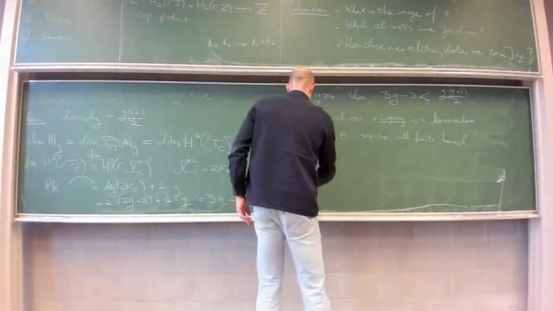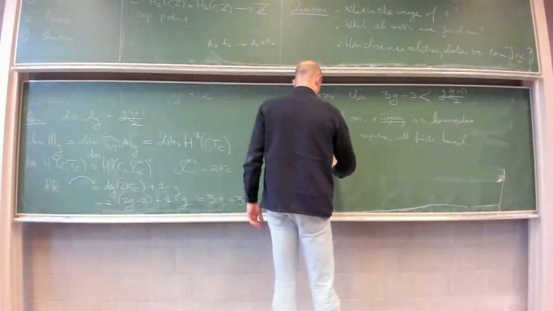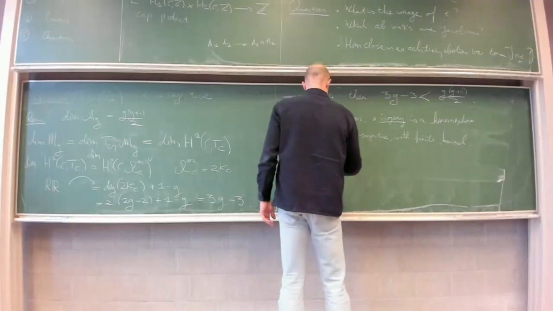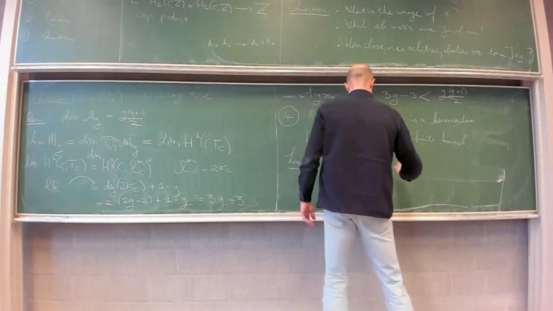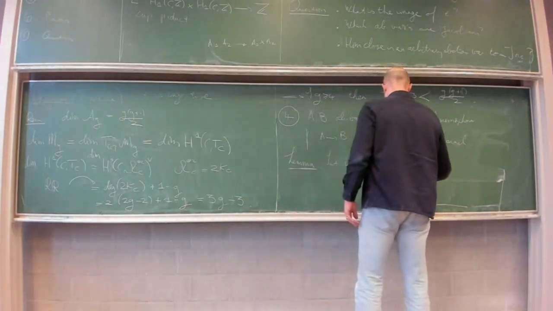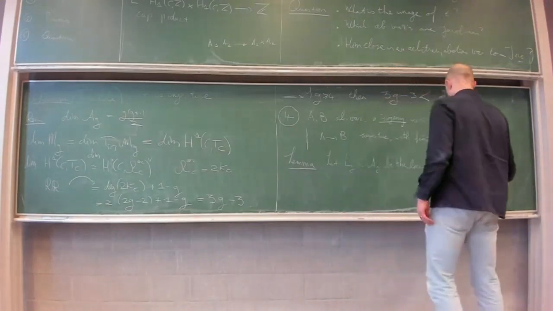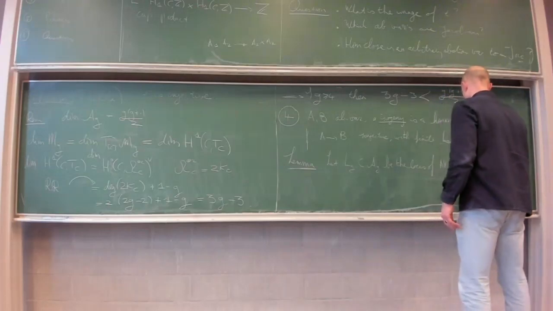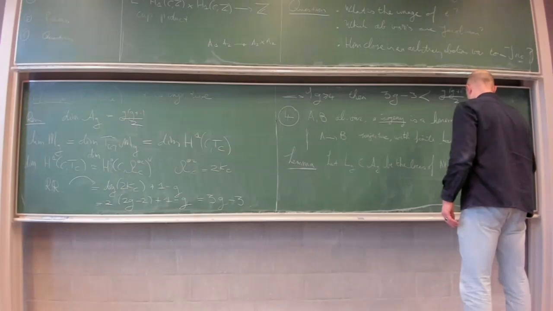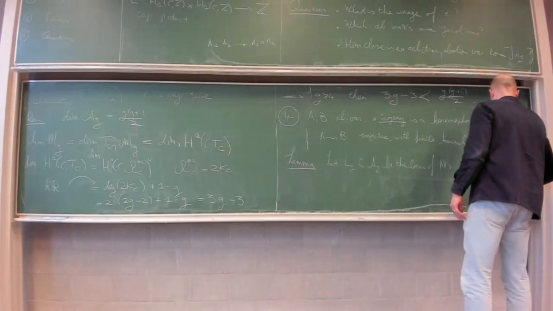But now the lemma is the following. Let L_G in A_G be the locus of abelian varieties isogenous to a Jacobian.